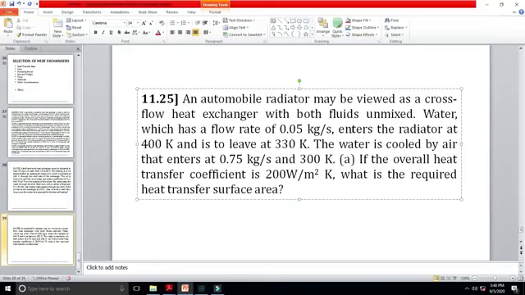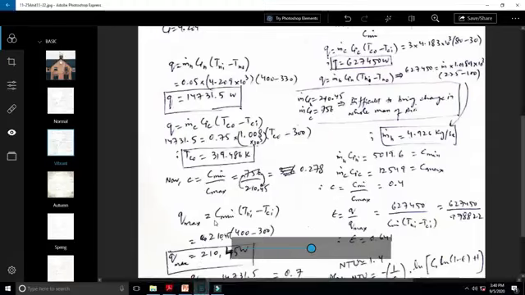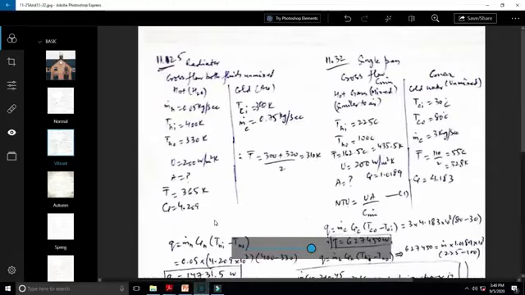So over here, since it was a choice, I showed you that the use of effectiveness-NTU would be a better choice, because it won't take that long to calculate the required area of the heat exchanger. So that is all about 11-25.